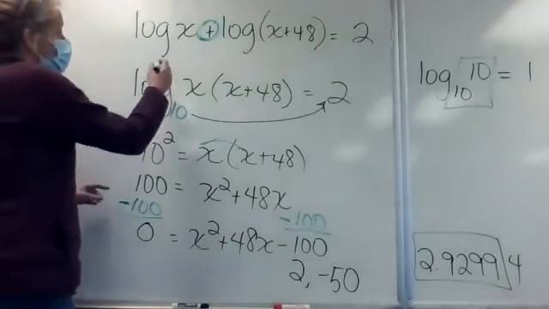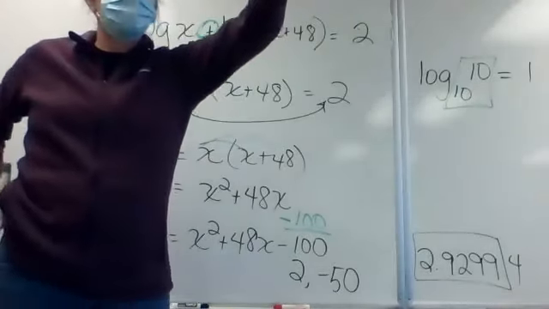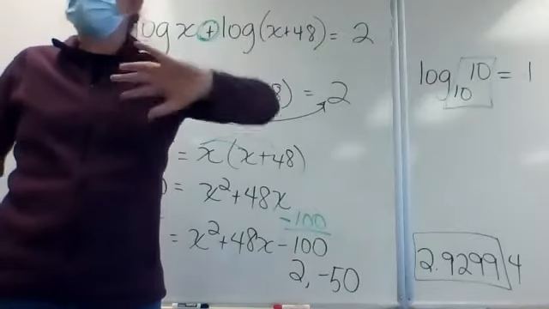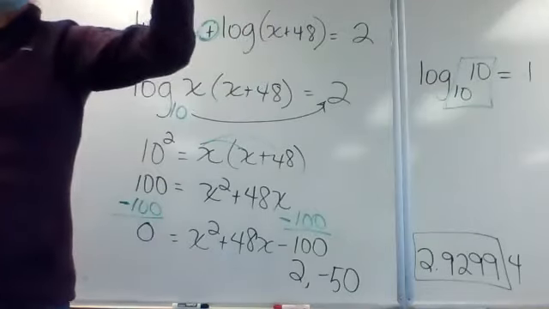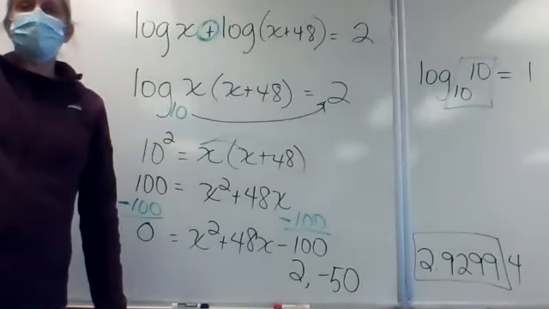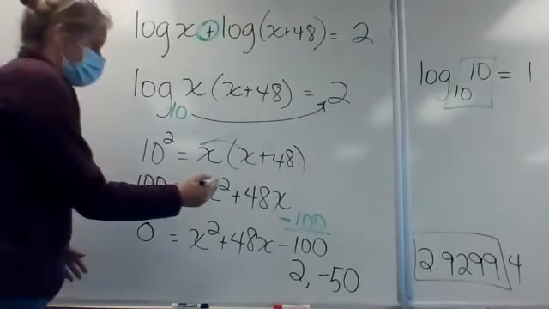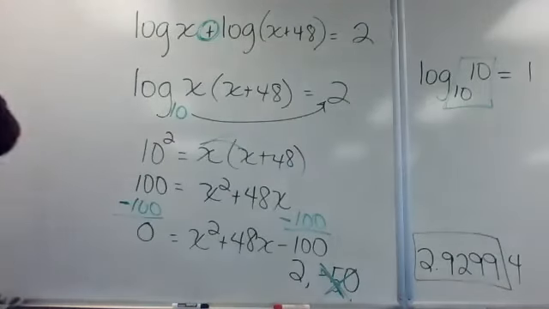Because it doesn't matter what power you raise a number to, you're not ever going to turn that number negative, right? You can turn it into a decimal, you can turn it into all kinds of things, but you're not going to raise something to a power and get a negative. So that's why when you get the negative answer, it's not a true solution.